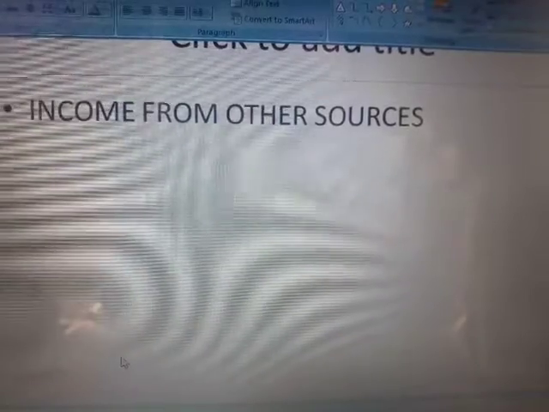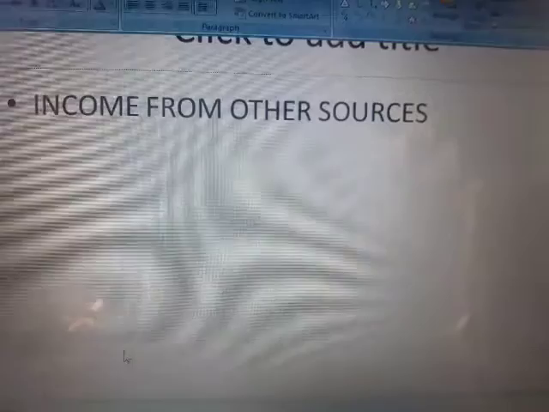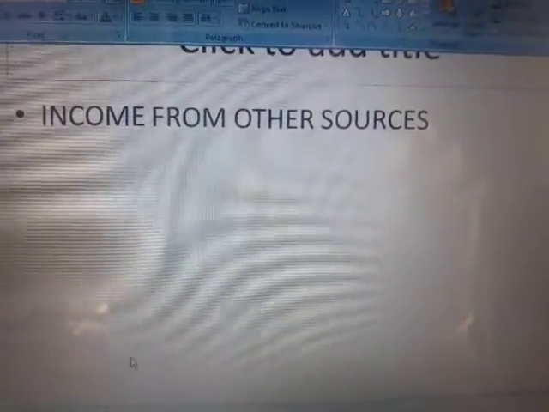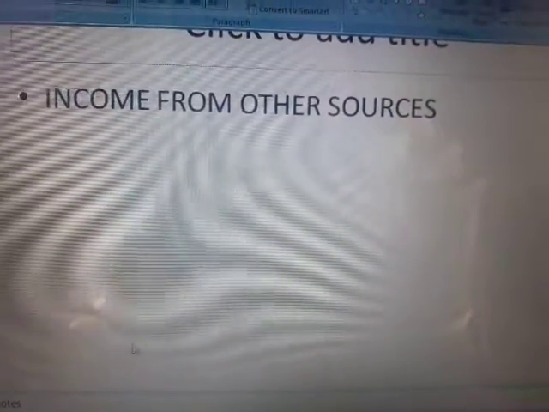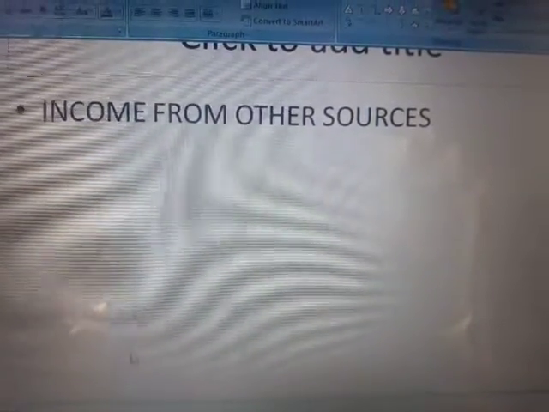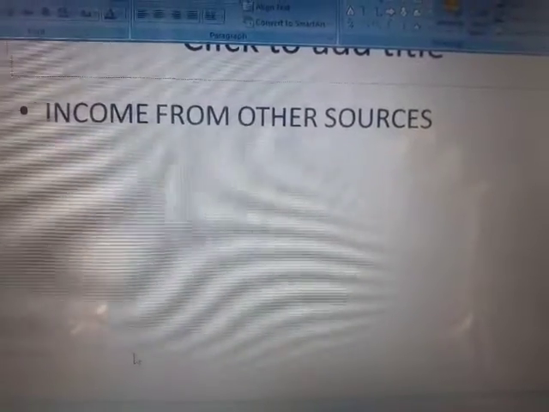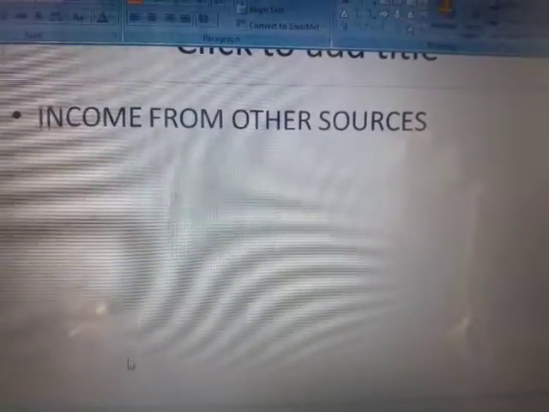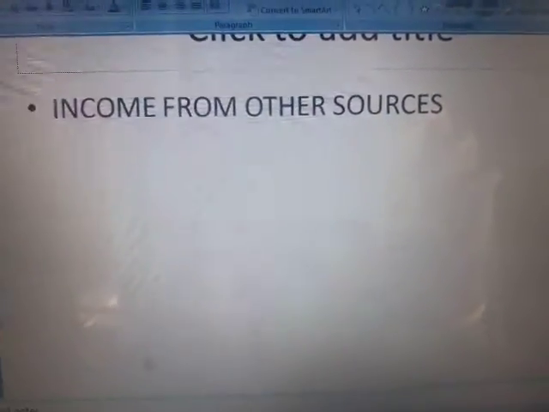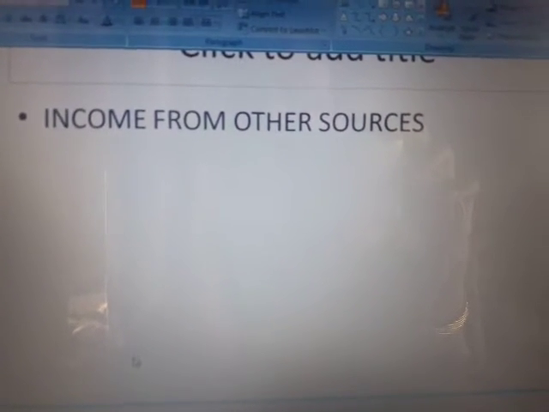These types of unexpected incomes come under the category of income from other sources. In this type of income, we never divide into short term or long term. All types of other sources income come under 30% of tax.